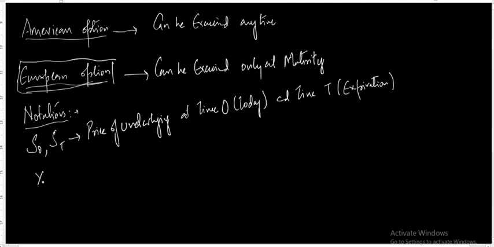X is going to be the exercise price at which the option can be exercised. R is going to be the risk-free rate. T is going to be the time to expiry.